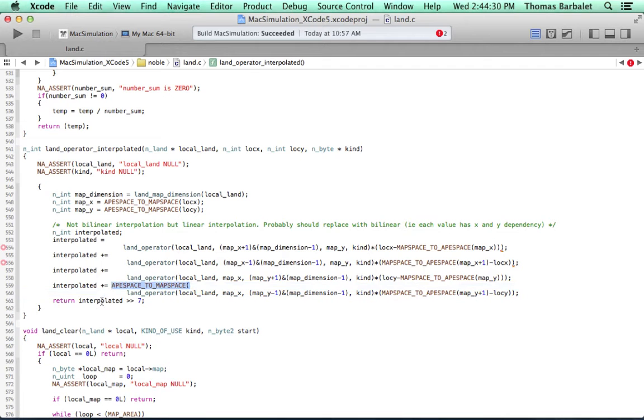The other option would be to actually do a proper bilinear interpolation of it, and actually take these points and calculate over the ape space location. There really needs to be bilinear interpolation.